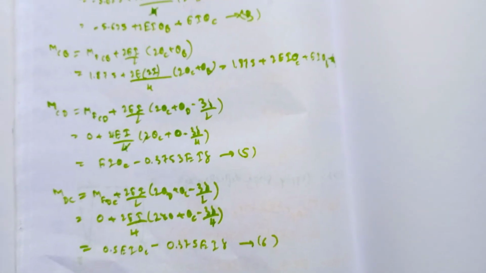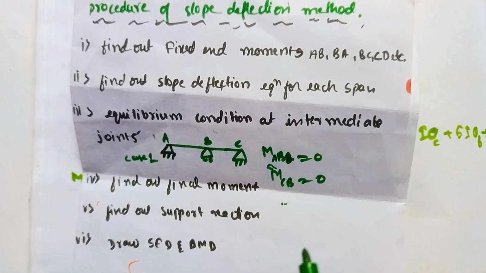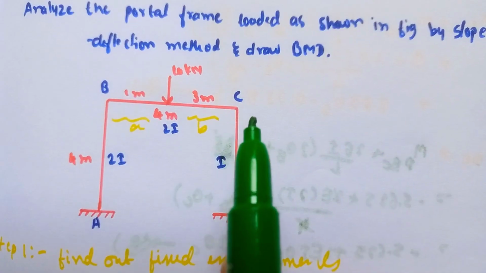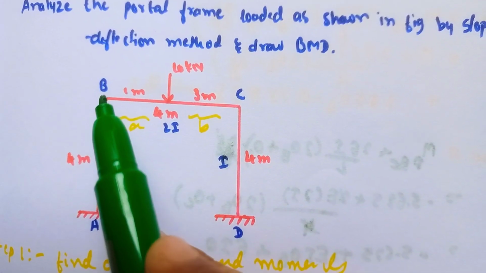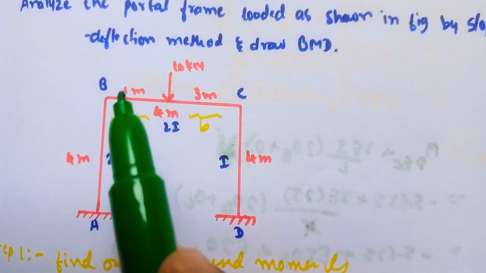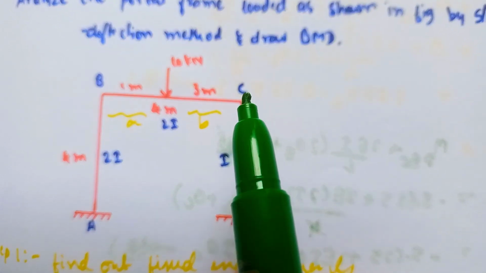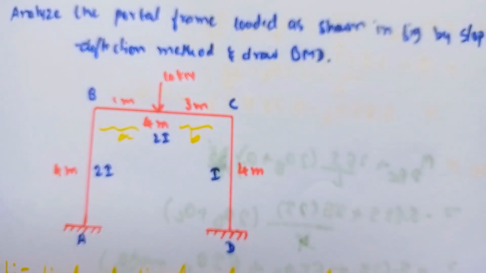Our third step is applying the equilibrium condition. We have got two joints, joint B and joint C. At joint B we have the condition MBA plus MBC is equal to 0. For joint C we have the condition MCB plus MCD is equal to 0.